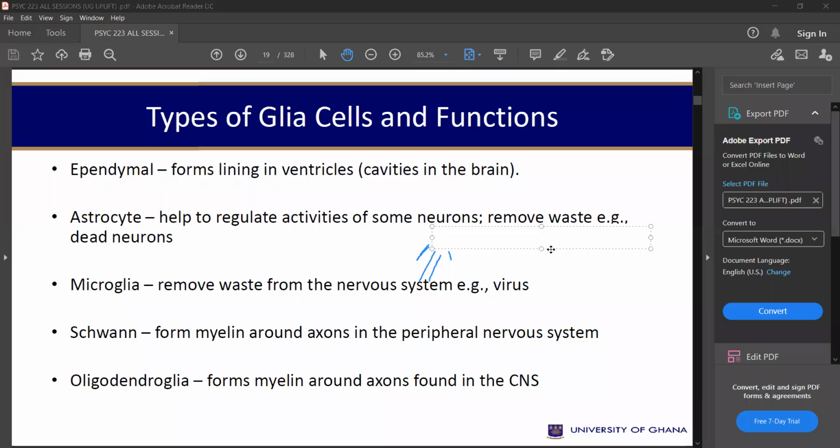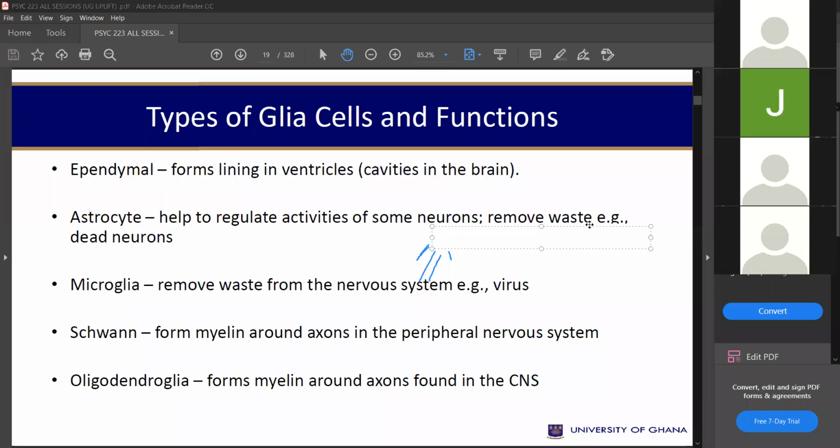The only distinction between the oligodendrocyte and Schwann cell is that when you find that structure within the peripheral nervous system, we call it Schwann cell.